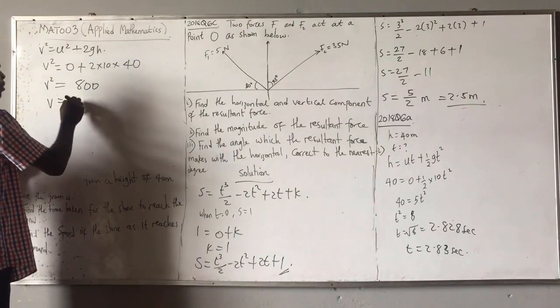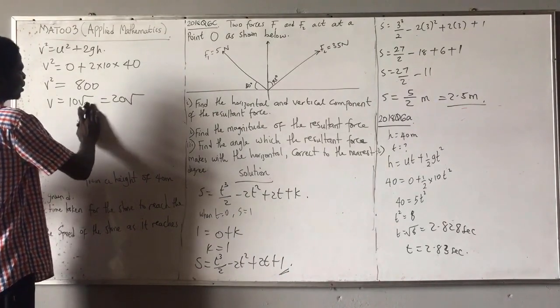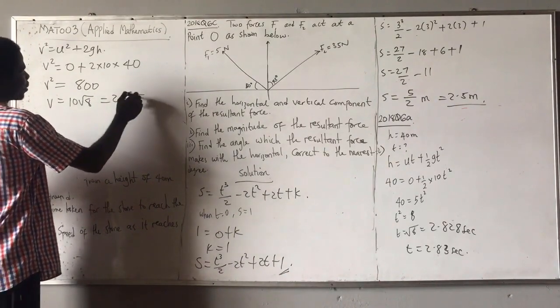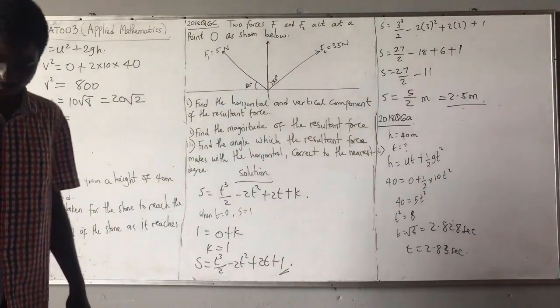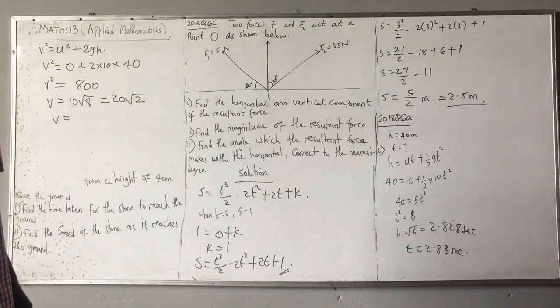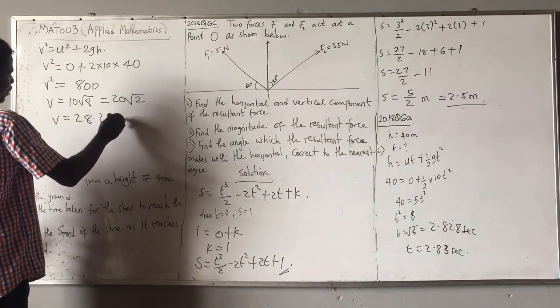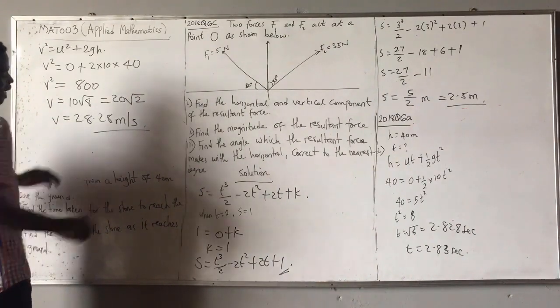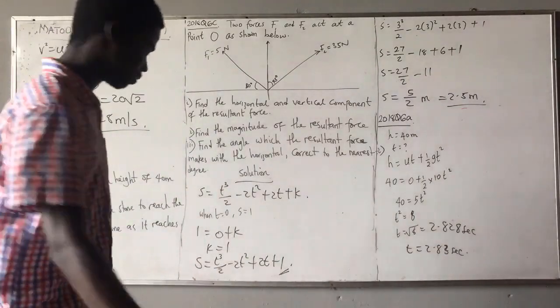So v equals root 800, or 20 root 2. 20 root 2 is equal to 20 times 1.414, which is 28.28 meters per second. And this is the answer for this question we just finished.